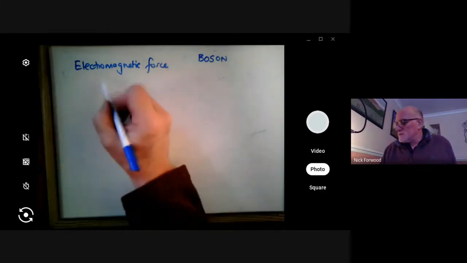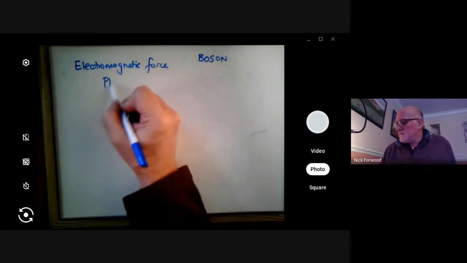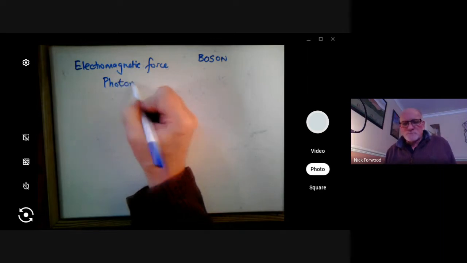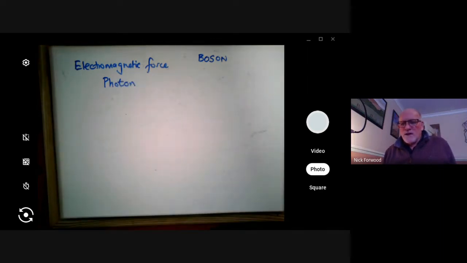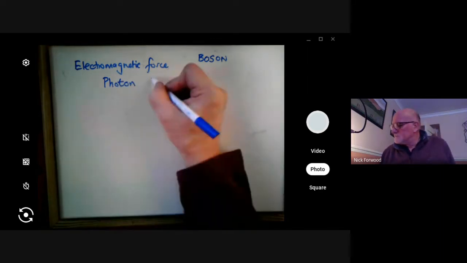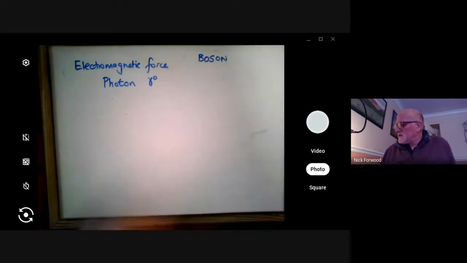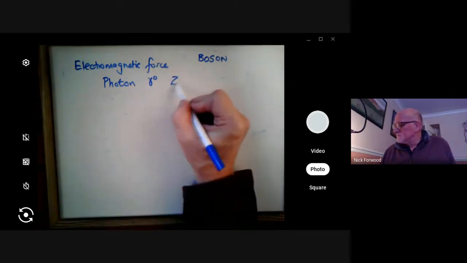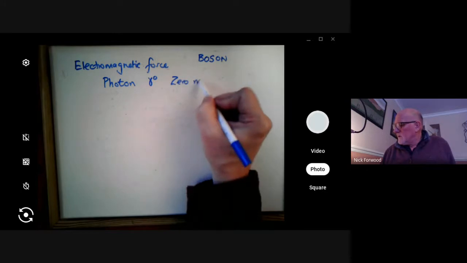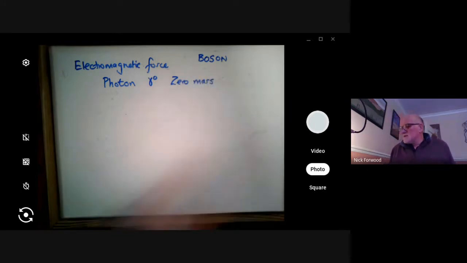So the boson that is responsible, or the force mediating particle that's passed backwards and forwards between two things, is a word you've come across before, and it's called the photon. It has a symbol and it has zero mass. Or if it does have a mass, it's pretty small. We're not necessarily certain.